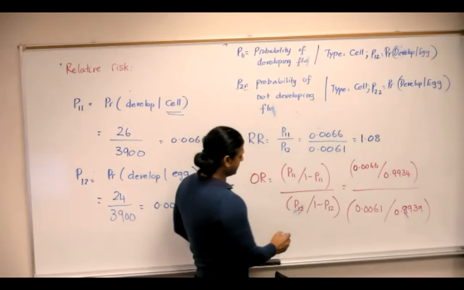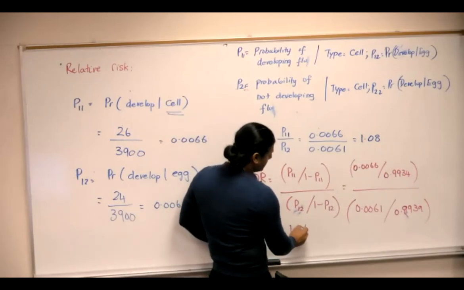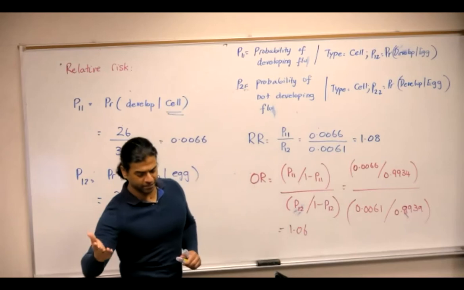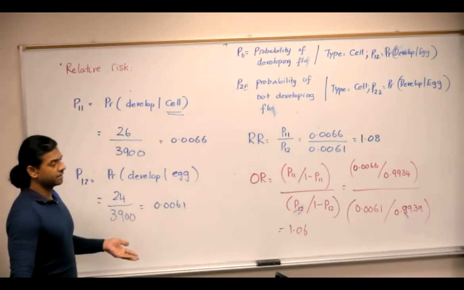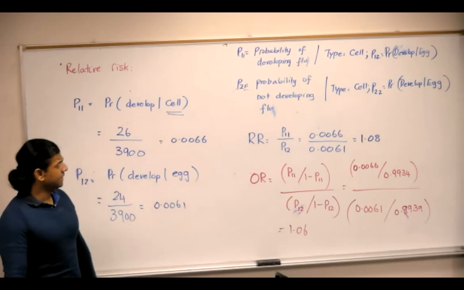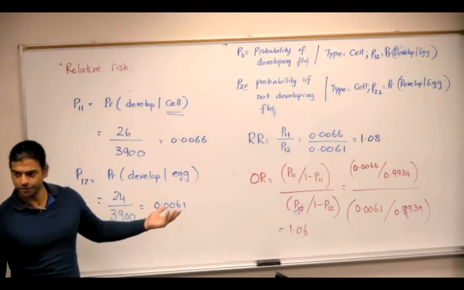And if you plug that in, you get 1.06. And as I mentioned last time, if the odds ratio is close to 1, then there is no difference between the two. Good.